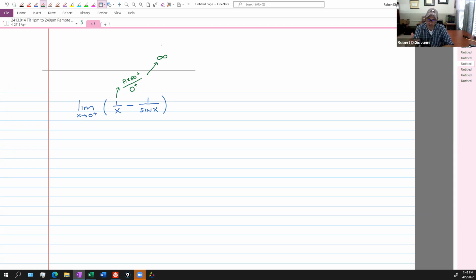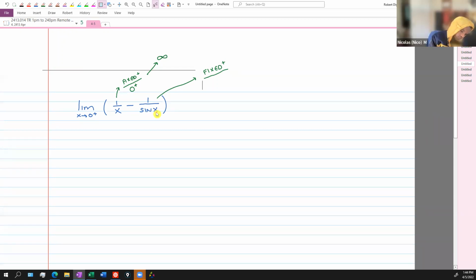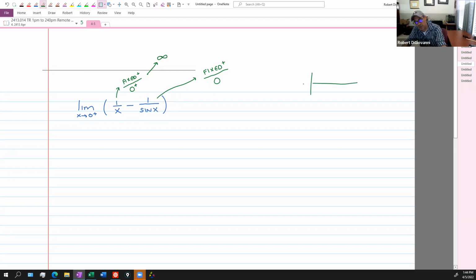Now, let's look at the other one. You have fixed on top, the number 1, and it's positive over. Now, what is sine of 0? 0, right? So it's headed to 0 here, but you have to think about what's happening on the sine function as you approach 0 from the right.